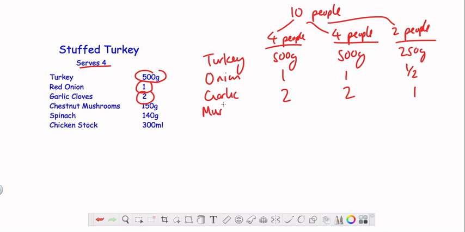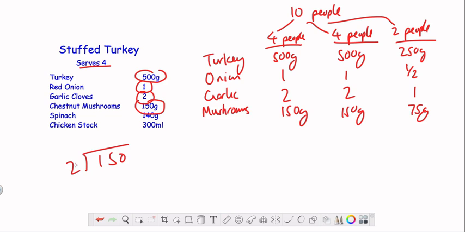Mushrooms. We know it's 150 grams for 4 people. But for 2 people, it's going to be half the amount. That'll be half of 150. You can do 150 divided by 2. Right, you can check without a calculator. 150 divided by 2. 2 into 1 doesn't go.